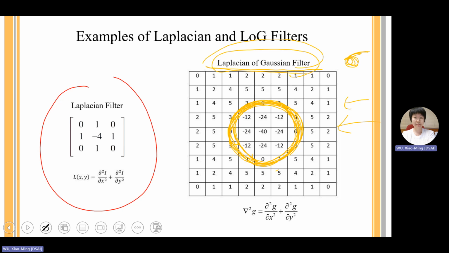Okay, so the LOG function will give maximum response when the size of the blob aligns with the zeros. So for blobs with this size, this filter is perfect.